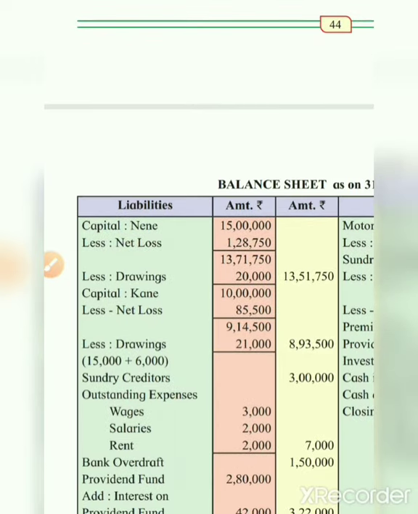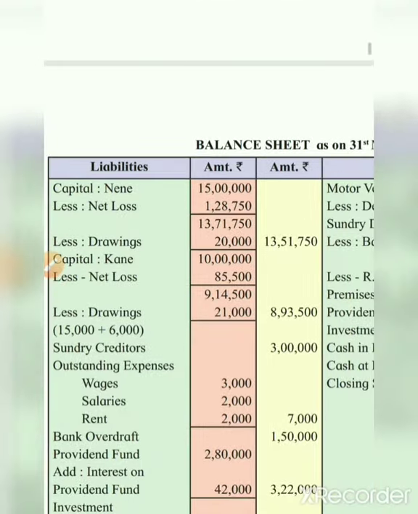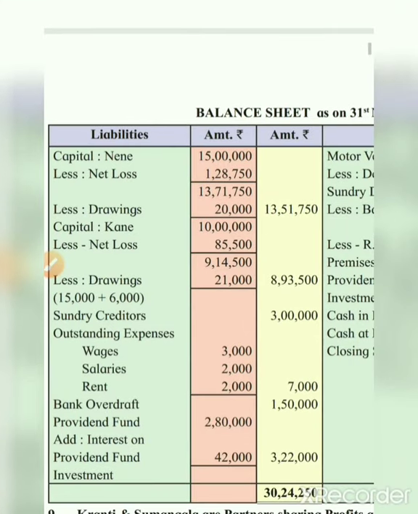First partner, 15 lakh is his capital. We have deducted the loss, and the drawings which were given to us in the trial balance in the form of cash are also deducted. In this way, the capital of Nene at the end of the year will be 13,51,750. Then the capital of Kane, at the beginning his capital was 10 lakh. After deducting net loss and drawings in the form of cash as well as goods, the remaining amount is 8,93,500.